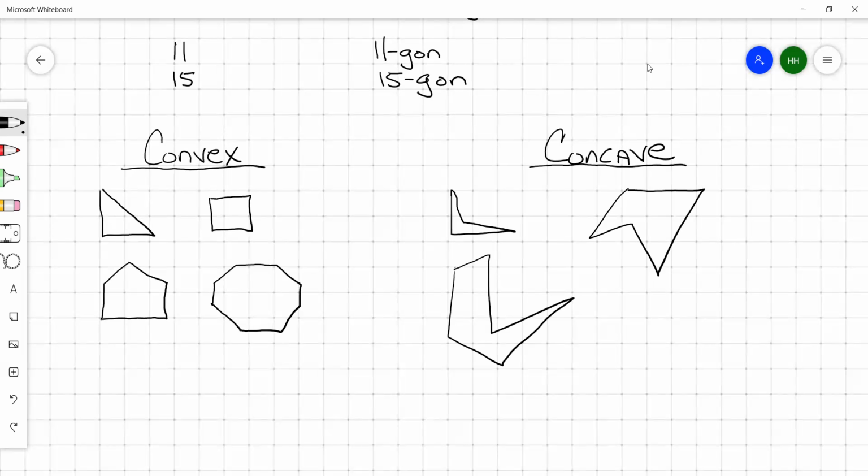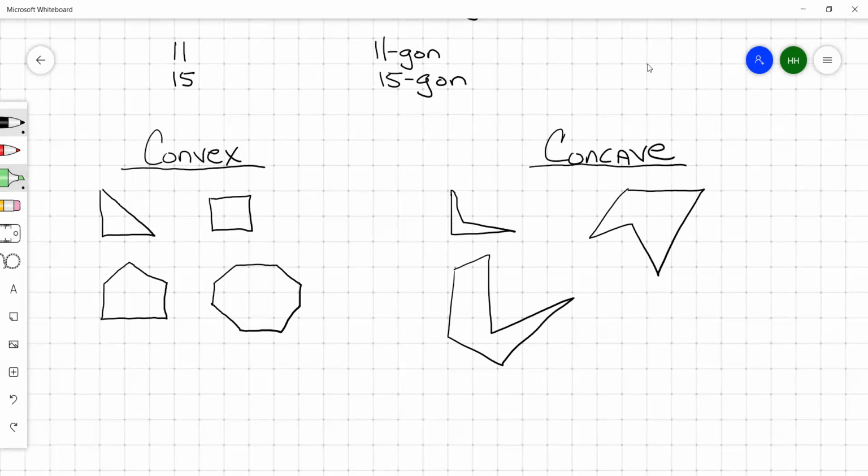Concave hexagon. Do I need to continue, or do you see the difference between convex and concave?